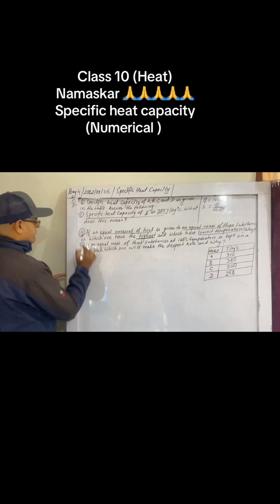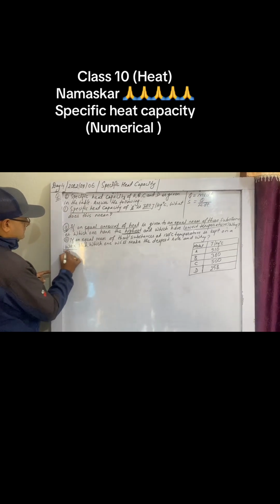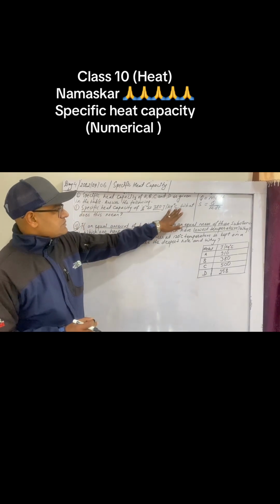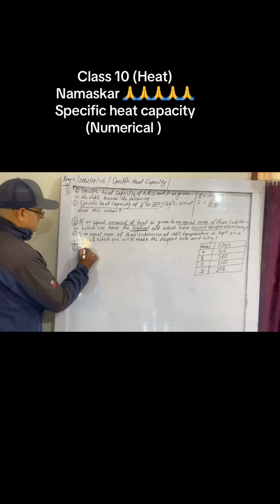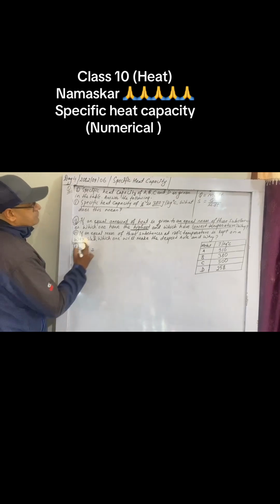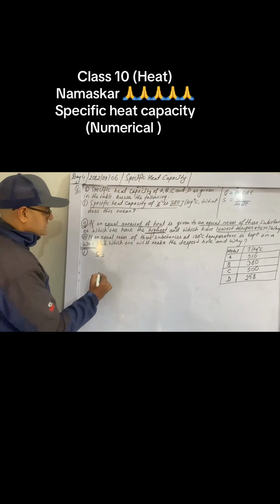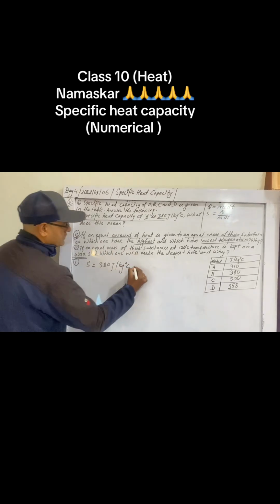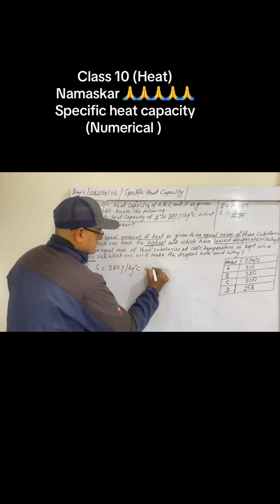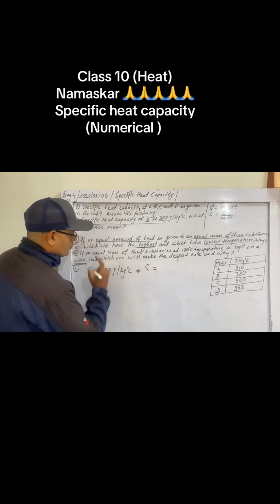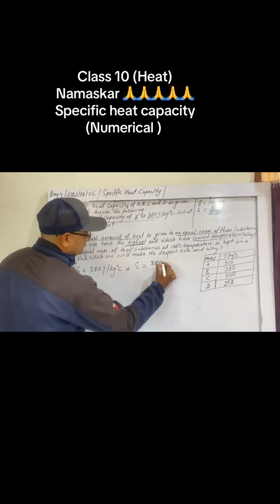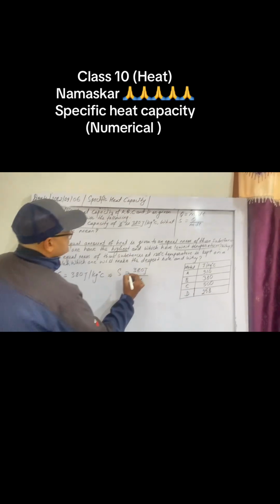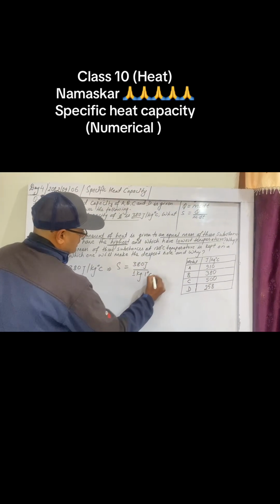Okay, let us start from the first question. The specific heat capacity of substance B is 380 joule per kg per degree centigrade. What does it mean? It means 380 joule divided by 1 kg of substance B and 1 degree centigrade.